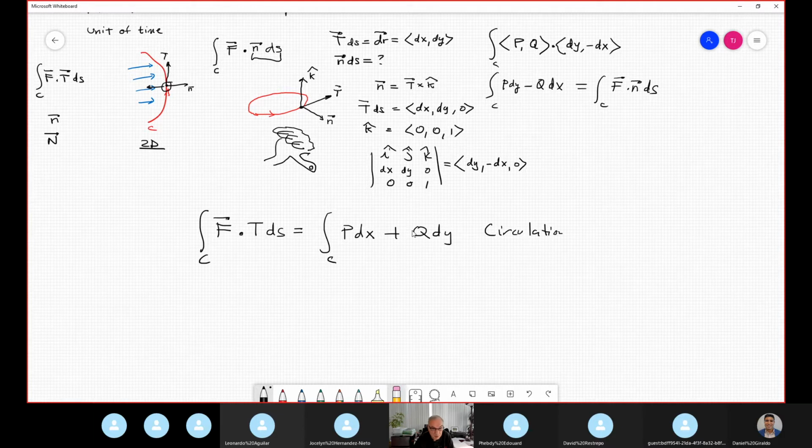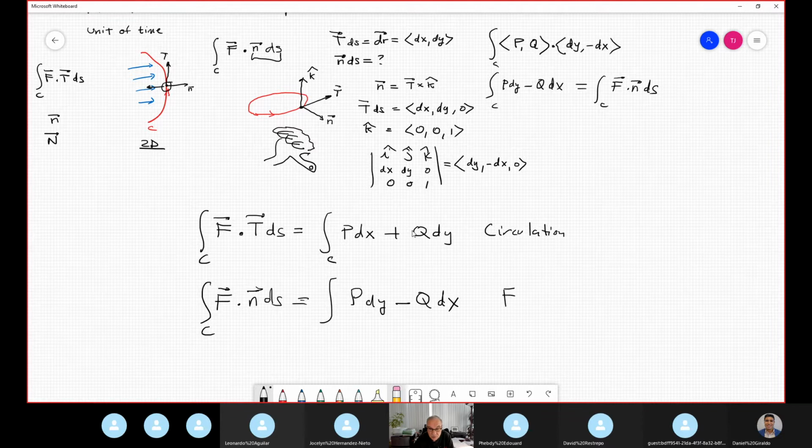Flux integral: over C, the vector field dot the normal vector. The normal is a vector, but ds is not a vector, ds is a scalar. It is the integral of P dy, wow, change, minus Q dx.